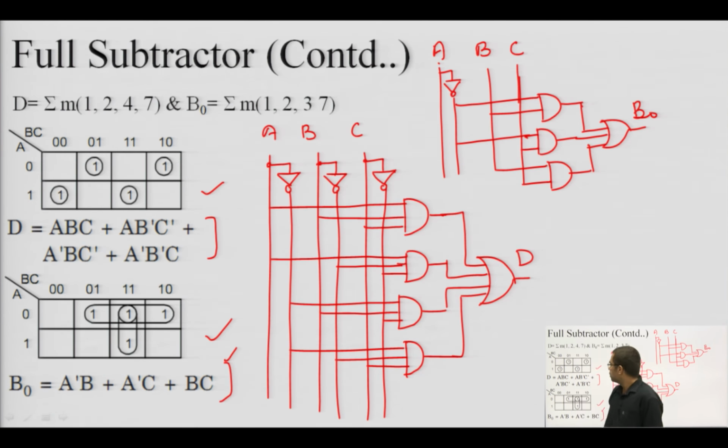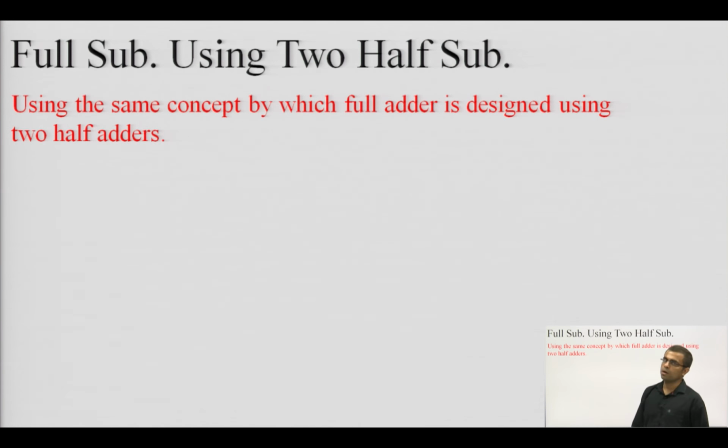Now, similar to the version of full adder using 2 half adders, similarly we can use 2 half subtractors to prepare one full subtractor. The methodology is very much similar.